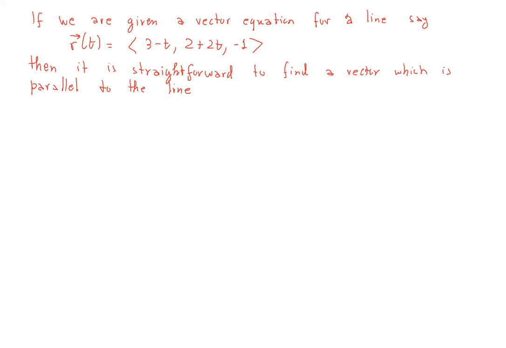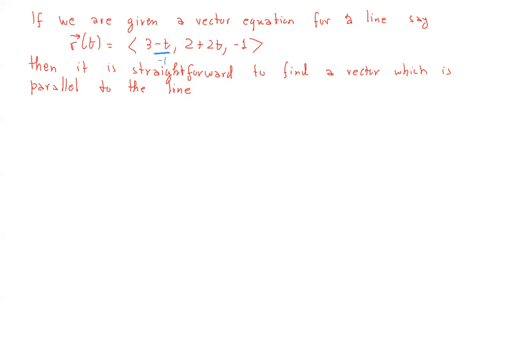So what do we need to do? All we need to do is look at the process that we used in order to obtain the vector equation for the line, and then we will realize that the coefficients of t, the numbers that are in front of t in each of the components, are going to give us the desired vector when we put them together. All we need to do is read them carefully. So, for example, you have minus t here. So minus t pretty much has what coefficient in front of it? Negative 1.